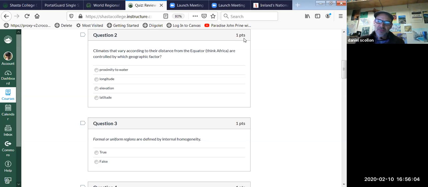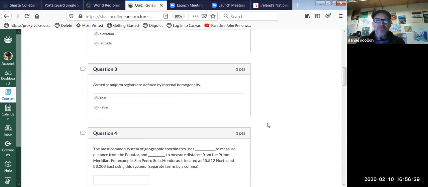Longitude is an east-west measure, latitude is a north-south measure. And so because the distance from the equator is measured in terms of latitude, that is considered to be the most important control on the climate, which can be simply defined as the long-range patterns of temperature and rainfall for a particular area.